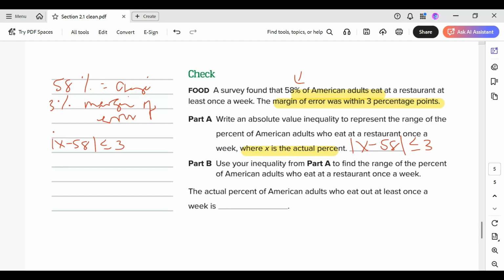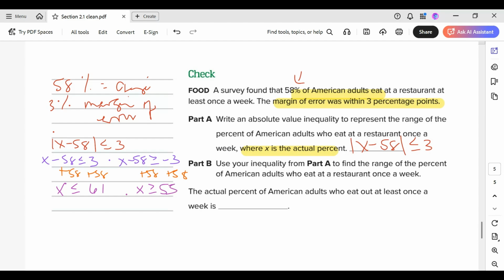So we're going to have x minus 58 less than or equal to 3, and then the other one is going to be x minus 58 greater than or equal to negative 3. We are adding 58 to both sides. So we get x is less than or equal to 61, and x is greater than or equal to 55.